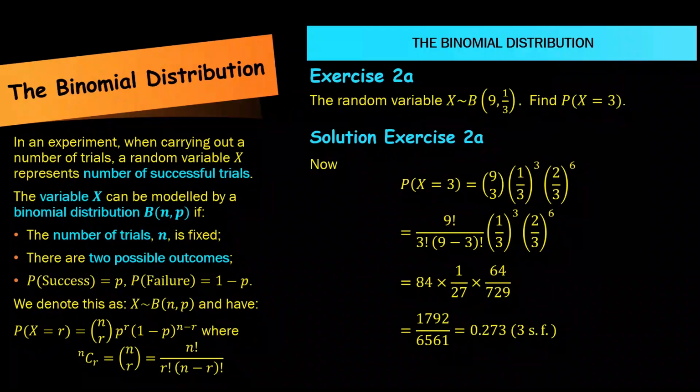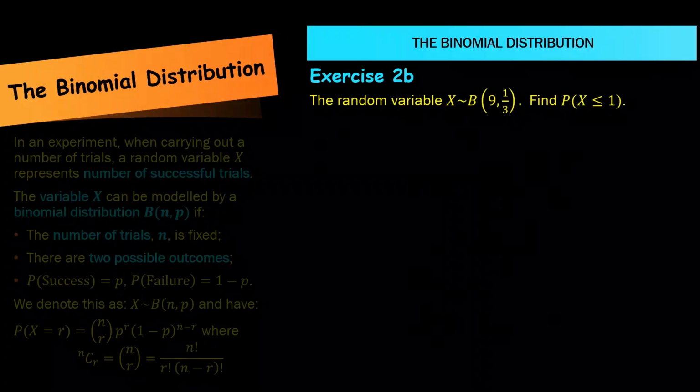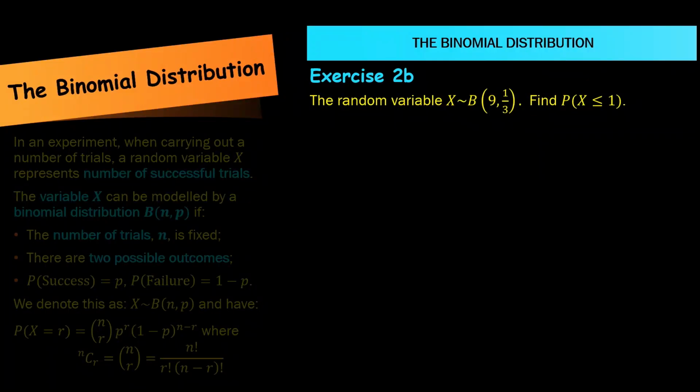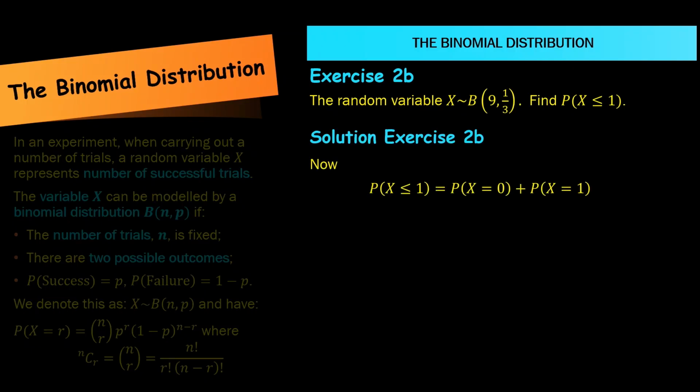Now let's solve part B. We are required to find the probability that x is less than or equal to 1. So let's solve this. The probability that x is less than or equal to 1 equals probability that x equals 0 plus probability that x equals 1.